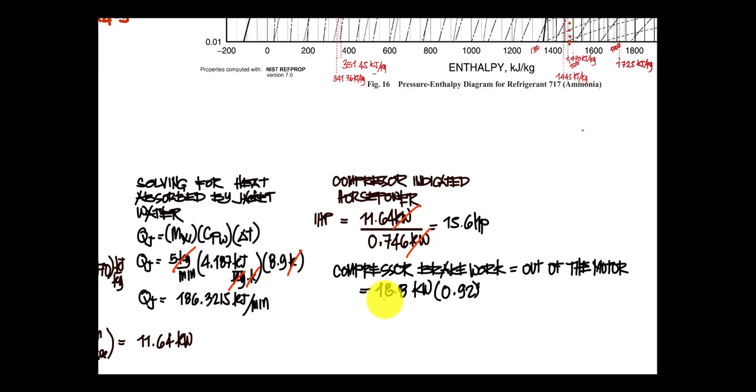So we have the output of the motor, or the compressor brake work, equal to 17.296 kilowatt.